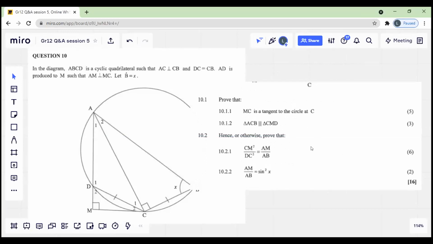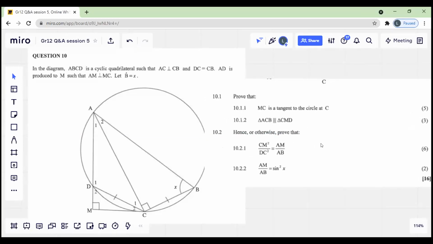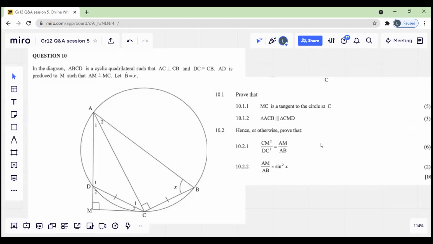All right, so first things first, they've said prove that MC is a tangent to the circle at C. So again, this is a difficult sort of question because they're asking us to prove that a line is a tangent to a circle.